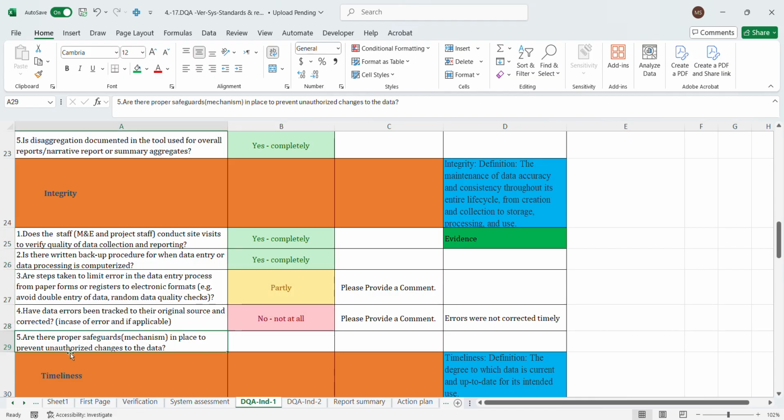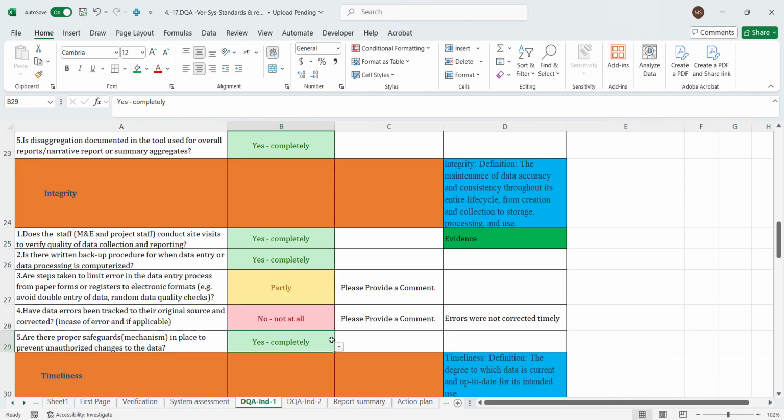Number 5, are there proper safeguard mechanisms in place to prevent unauthorized changes to the data? This is to check whether the data, including this indicator and others as well, is properly filed and most probably in the right place. So to prevent unauthorized changes to the data, if such things are perfectly there, we can say yes completely.